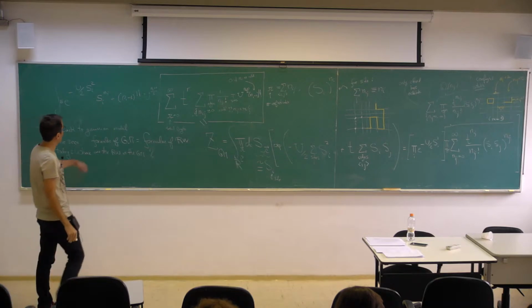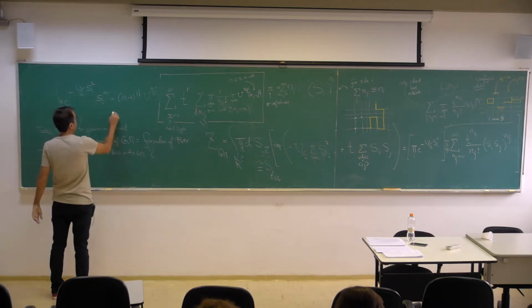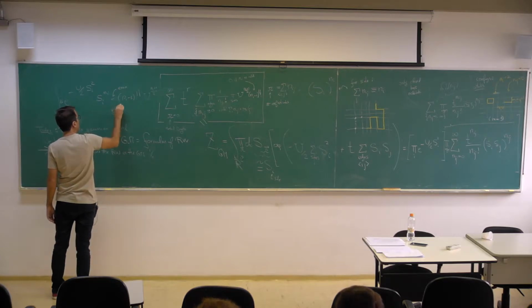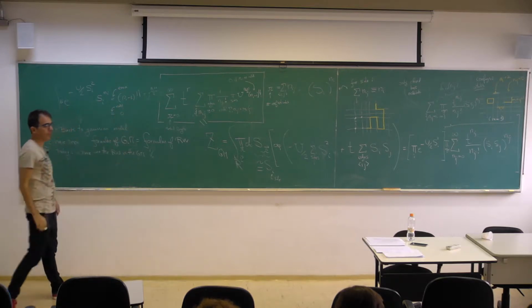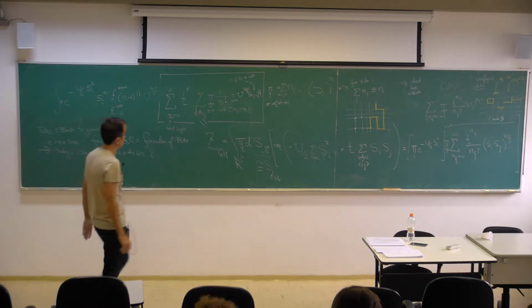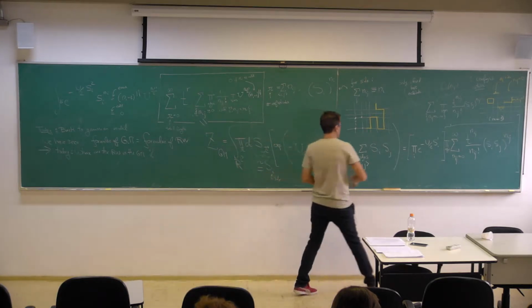So this is equal to this for even ni, and for odd ni it's equal to 0. So in that sum, we assume that ni is even.